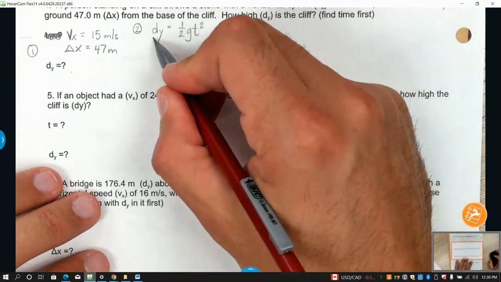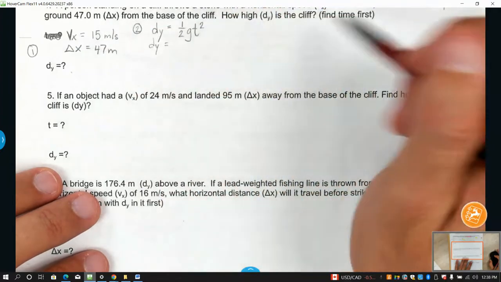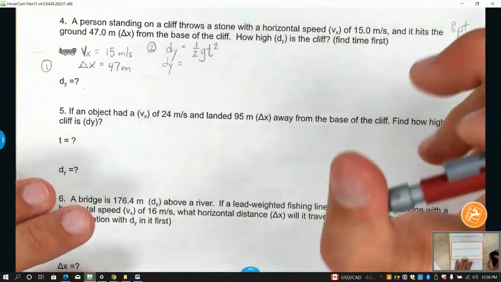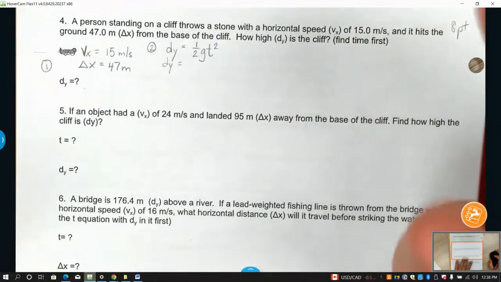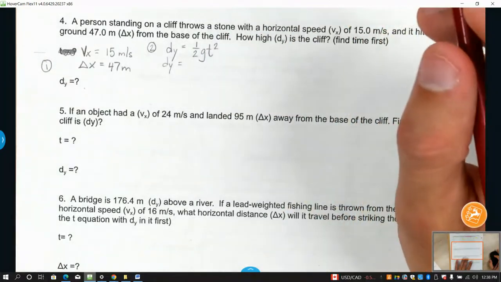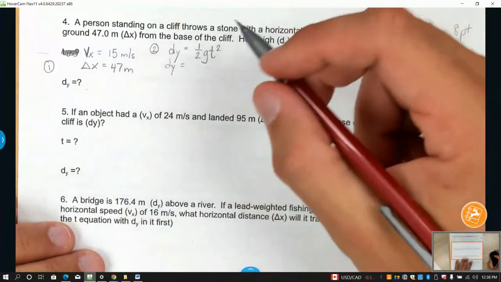G. I don't see a G in the problem, but you should know that in this class we're using it as a constant value, -10. In other classes, what's the true value? -9.8 meters per second squared.